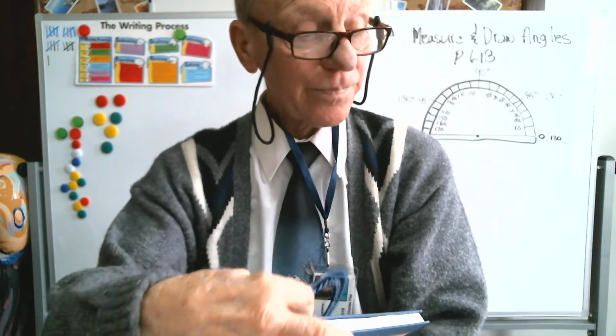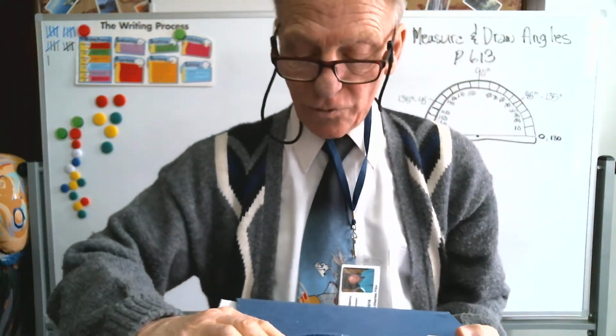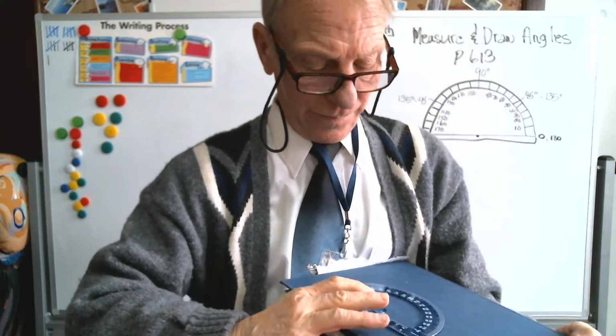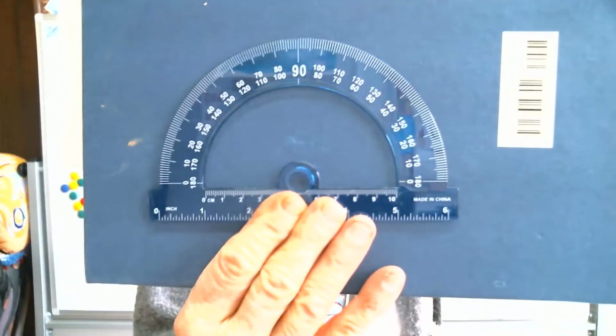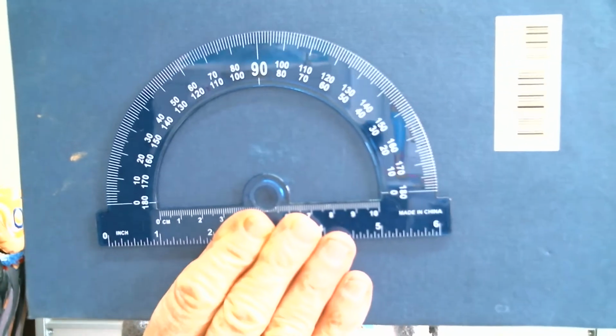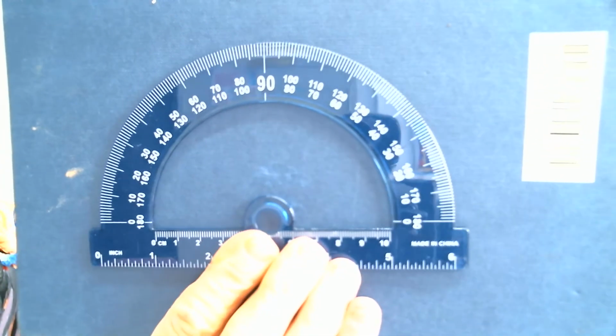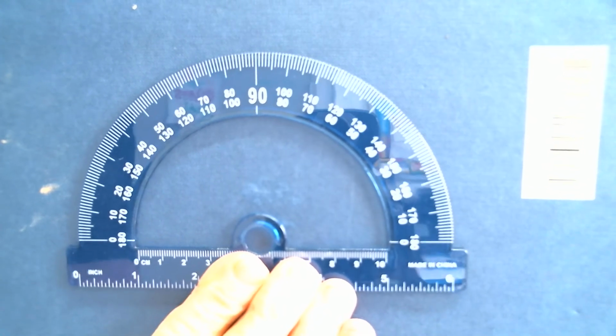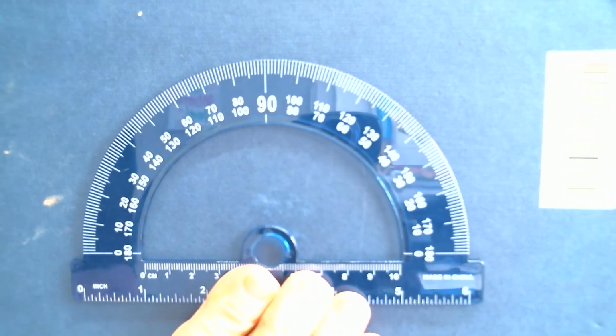And if you continue to go around this protractor, what you'll see is they kind of mirror each other. 0 on the right side is equal to 180, and 0 on the left side is also equal to 180.